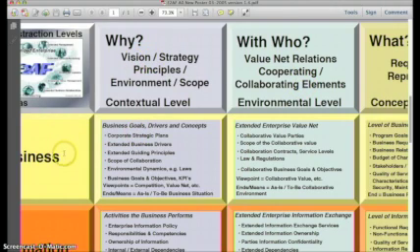For example, in the business layer, about why you should have an enterprise architecture, it says that it tries to convey the vision, strategy, principles, environment, scope, and contextual level. The first layer has business goals, drivers, concepts, and it includes all these corporate strategic plans and so on.